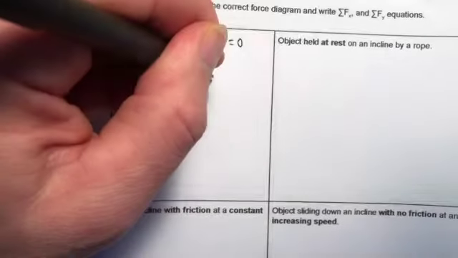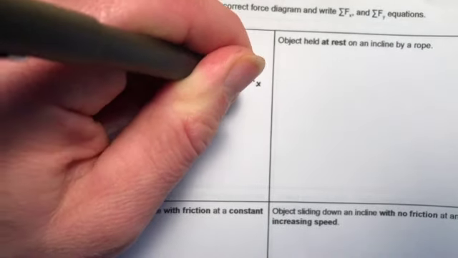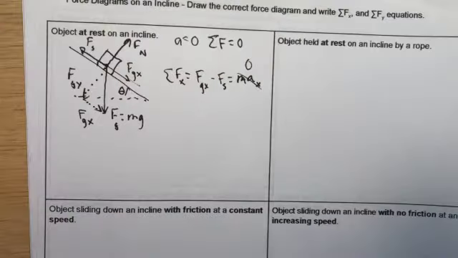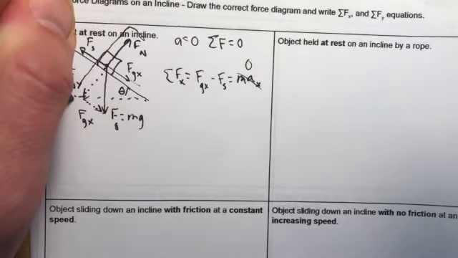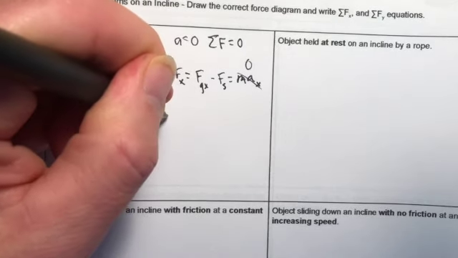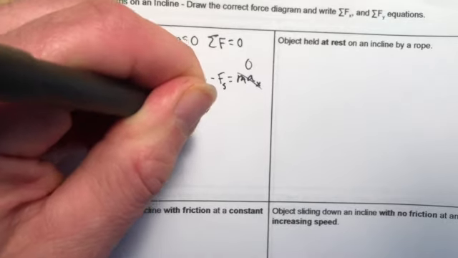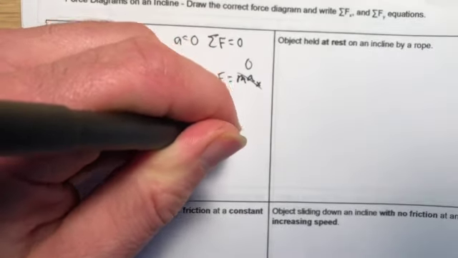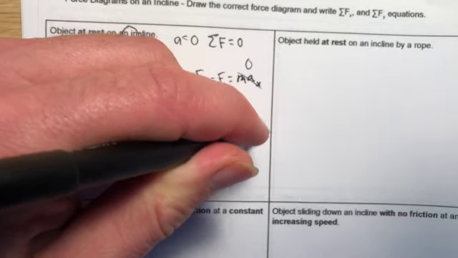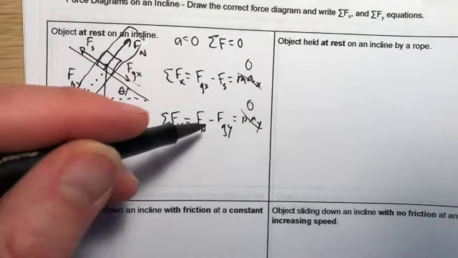Fgx minus Fs equals max, which again is 0. In the y direction, I have Fn and Fgy. So here I've got the normal force minus Fgy equals may. And again, we said a is 0, so these are my force equations.